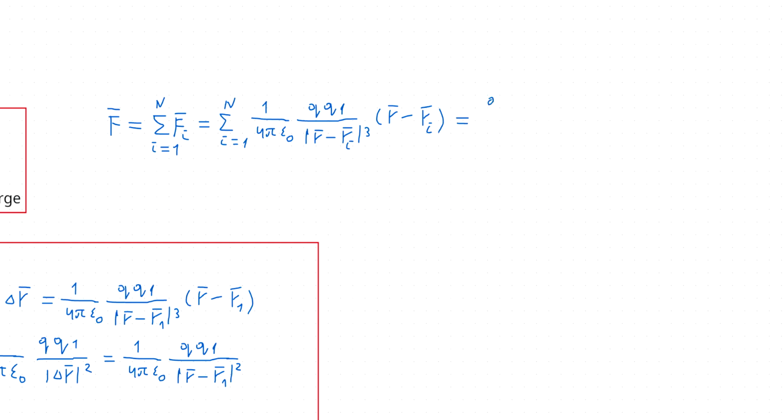So we can write Q divided by 4 pi epsilon 0, and it is necessary to change 1 by I, lower index I. Sum, I equal 1 from 1 to n, of qi divided by the modulus of r minus ri, to the power of 3, multiplied by r minus ri.